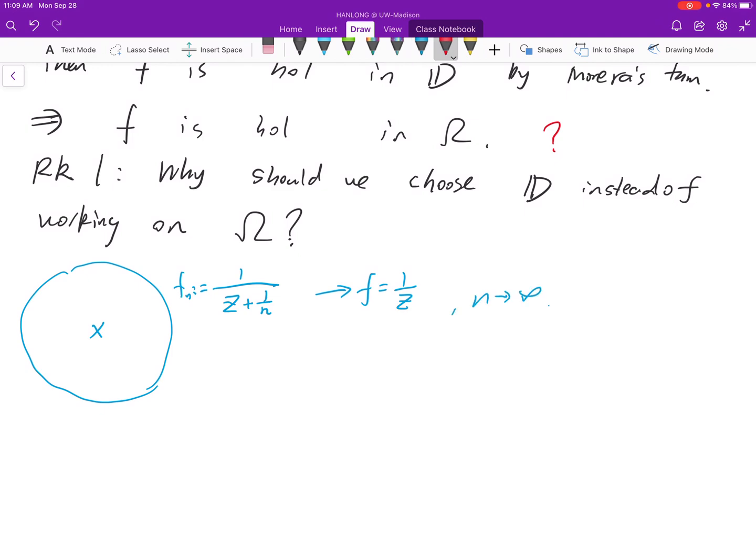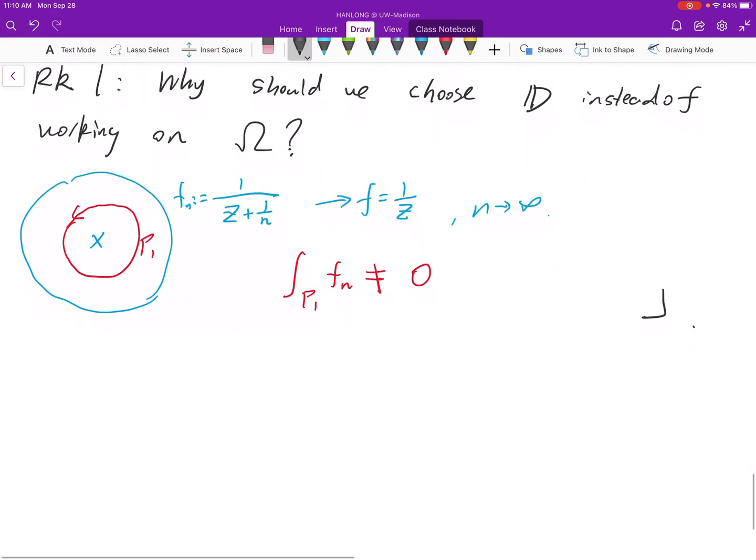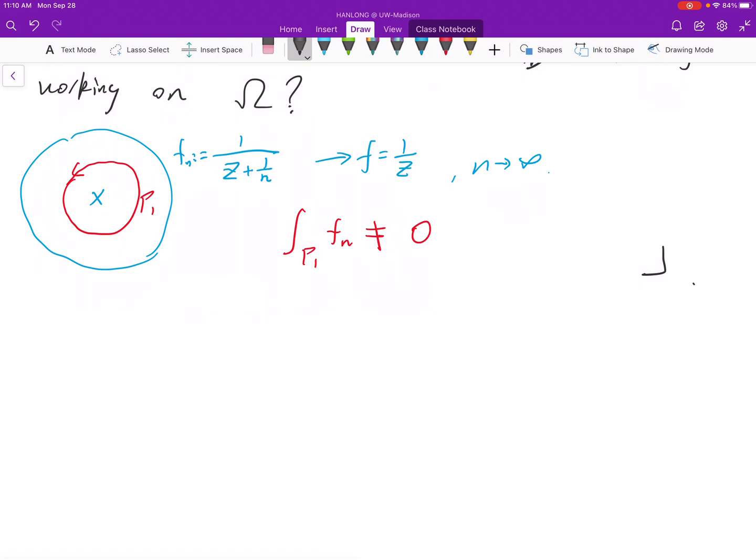But now, if you choose your loop to be this one, let's call it gamma 1, then the integral of Fn over gamma 1 is different from 0. Think about why. If you understand this property, then you have a good understanding of the Morera theorem.